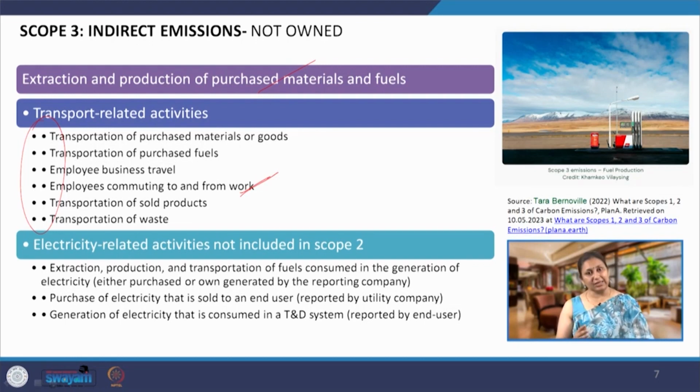Scope 3 is really wide, because ideally we should be making it as comprehensive as possible, covering all the possible emissions that might be taking place. We will also be talking about generation of electricity that is consumed and reported by the end user. So, that is also coming in your scope 3 activities. These are electricity related activities not included in scope 2, which are part of scope 3.